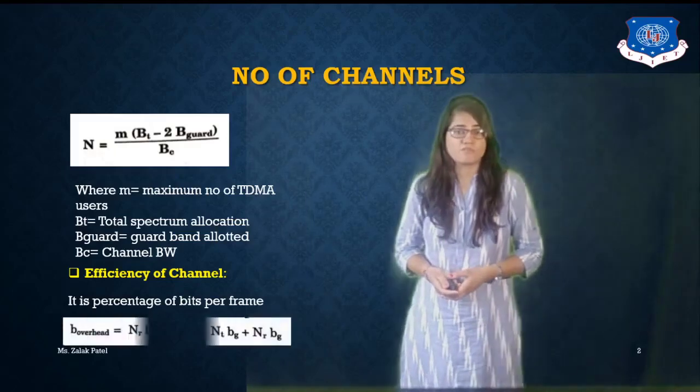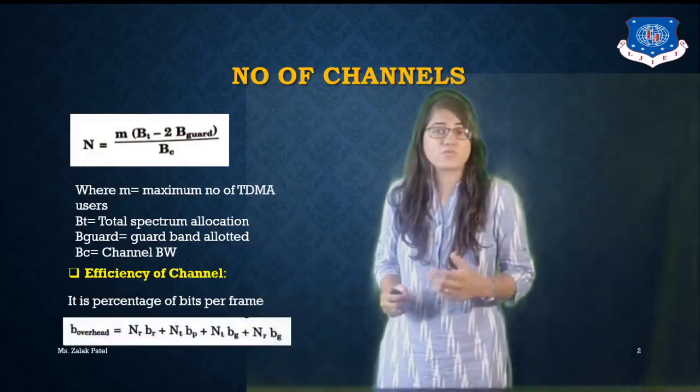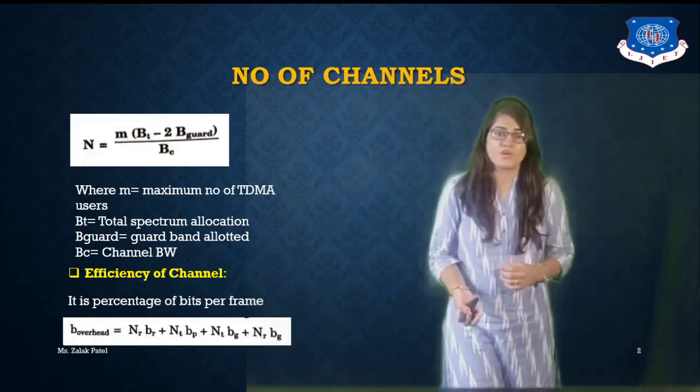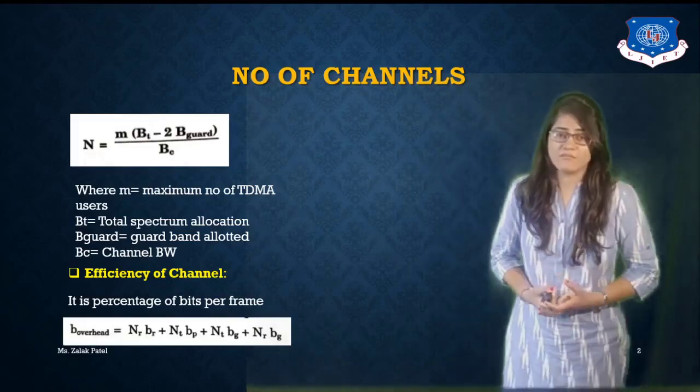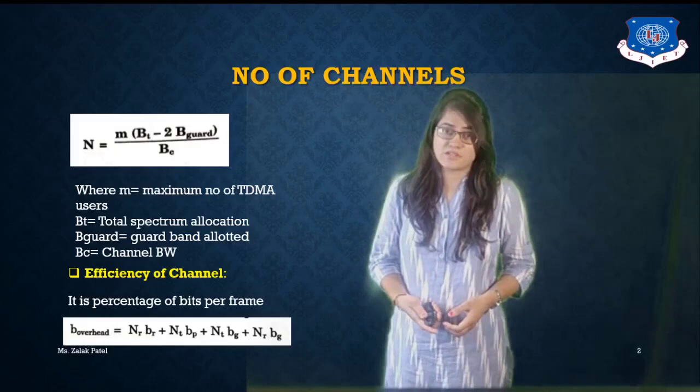The percentage of bits per frame can be calculated in terms of the bit overhead and the total number of bits. The total number of bits depends on the number of reference bits, preamble bits, guard bits, and the reference bits.